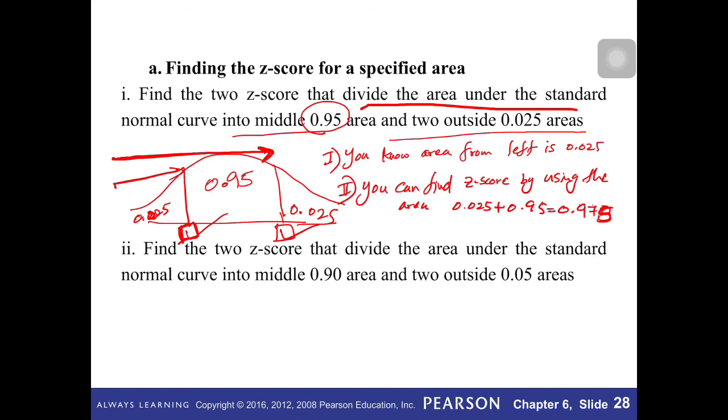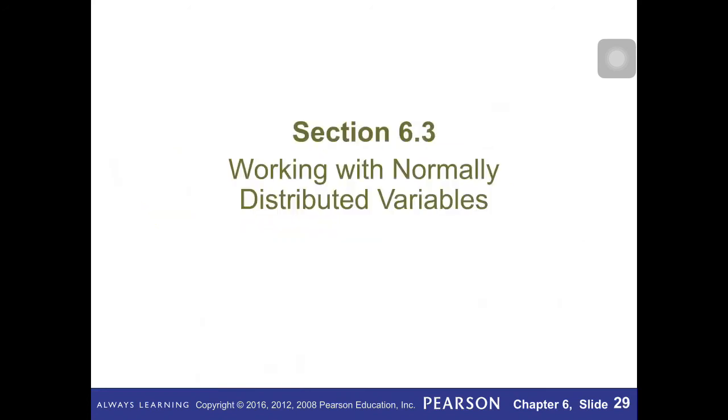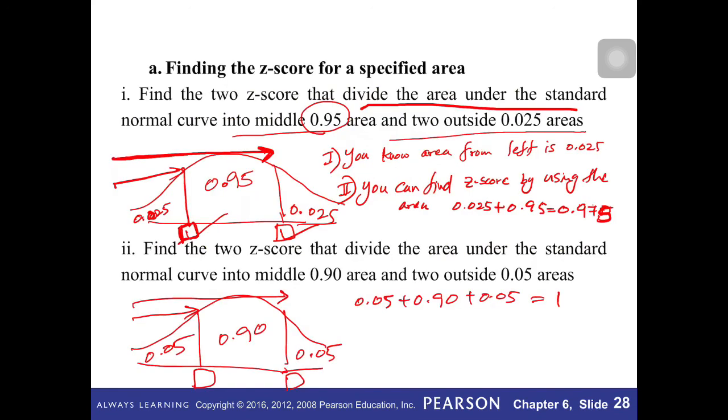Find the z-scores that divide the area under the standard normal curve into a middle and two outsides. Same thing but different values. The middle should be 0.90, so the outside areas are 0.05 and 0.05. You can see that 0.05 plus 0.90 plus 0.05 equals 1, right? So find these z-scores by using these areas.